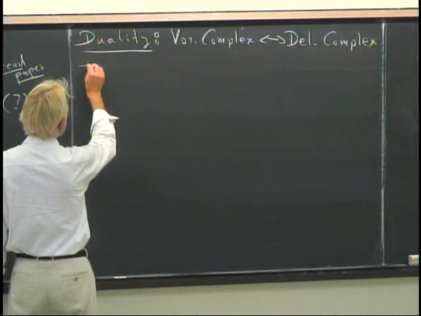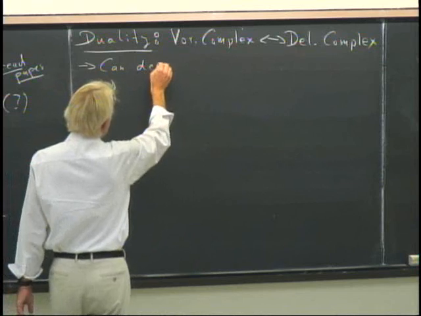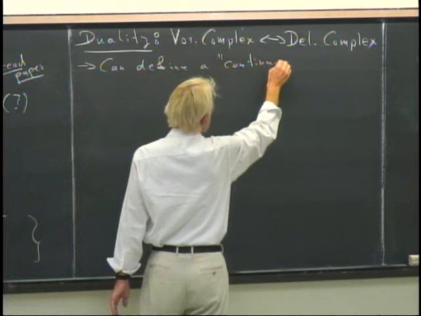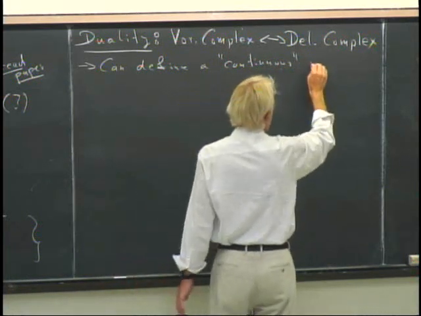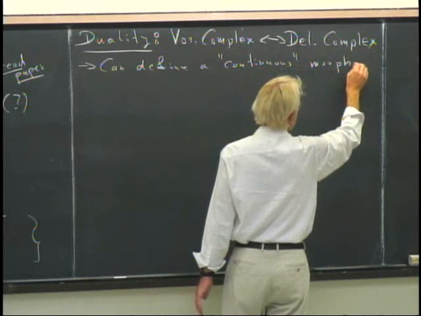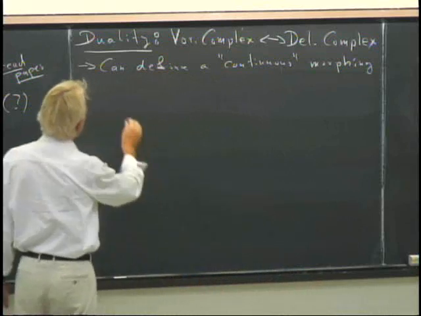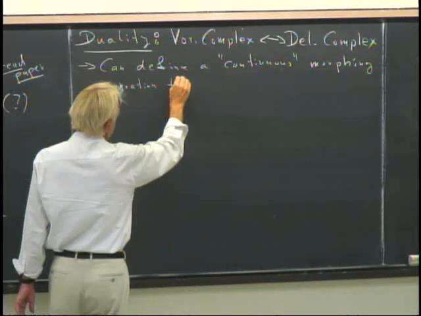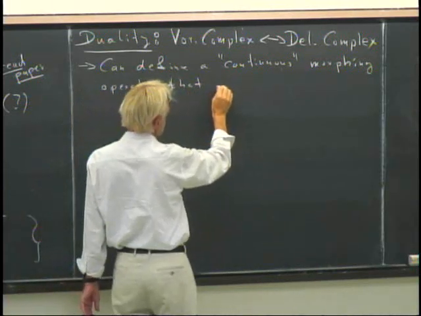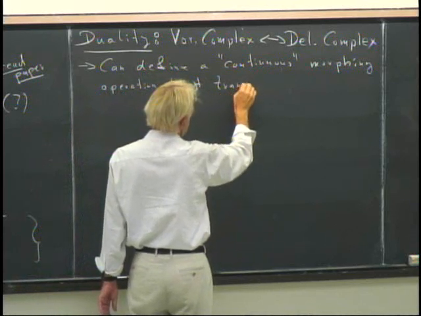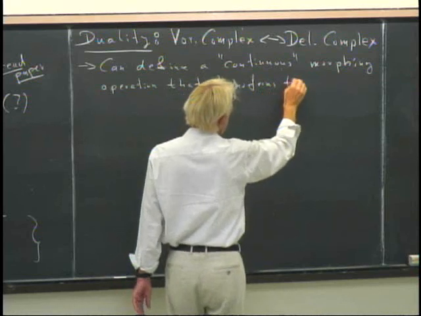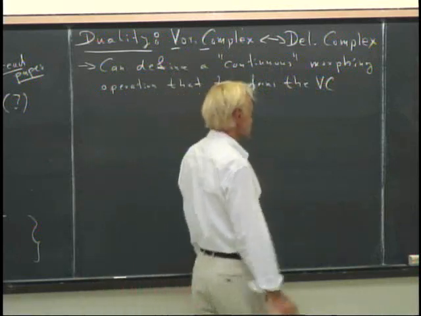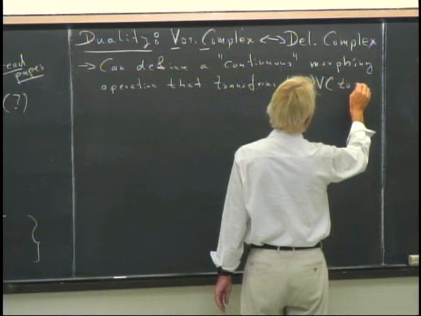Okay. One can define a continuous morphing operation, transformation, morphing operation that transforms the Voronoi complex VC, this guy, not venture capitalist, but just Voronoi complex, VC, to a DC.